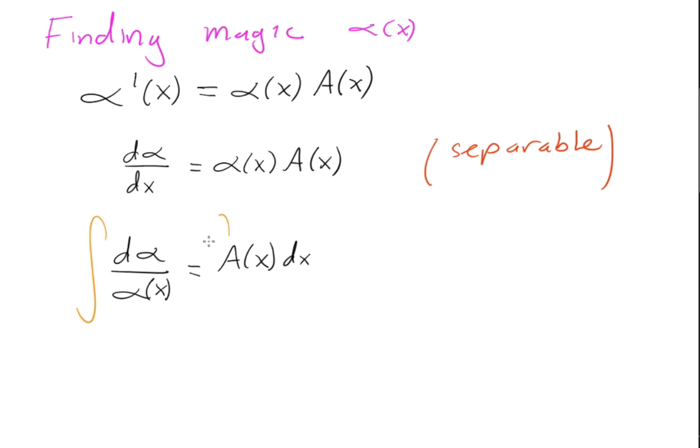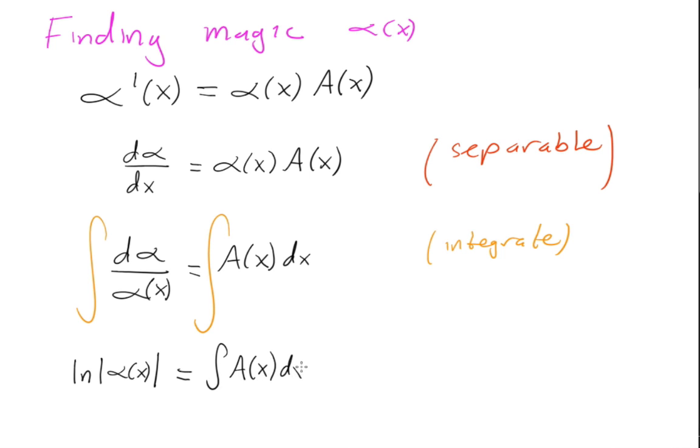So integrate the left side and the right side. Okay, so what do I get on the left side? Natural log absolute value of alpha of x is equal to, we just leave that alone, the integral of a of x dx.